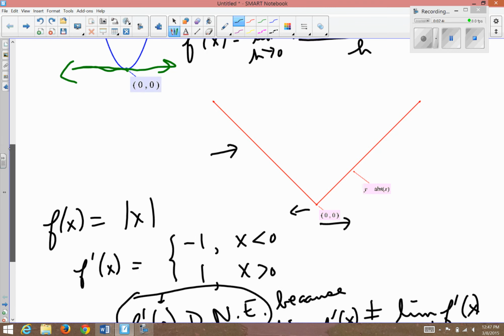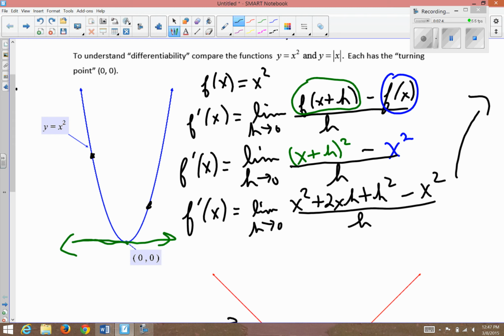So the parabola is different because we say the derivative at 0 is 0 here, because if we move a little to the left or right of 0, the slope of the tangent line will be really close to 0. I'll repeat, just move a little to the left of 0 and make a tangent line. It will be almost horizontal.